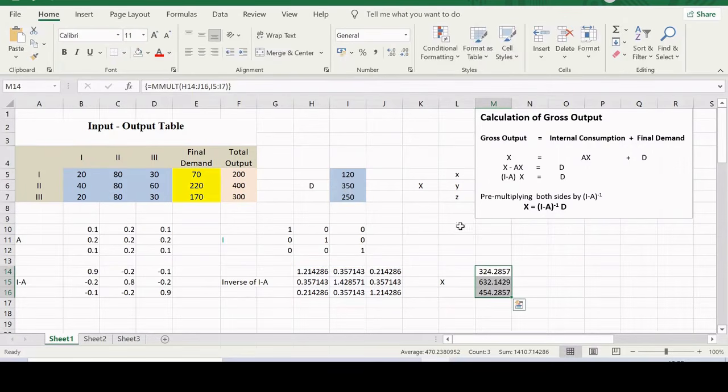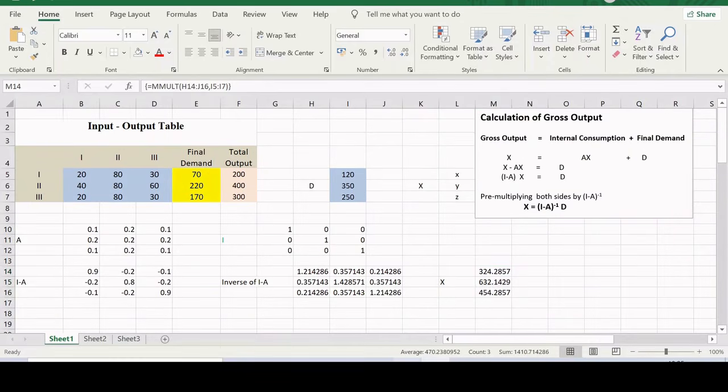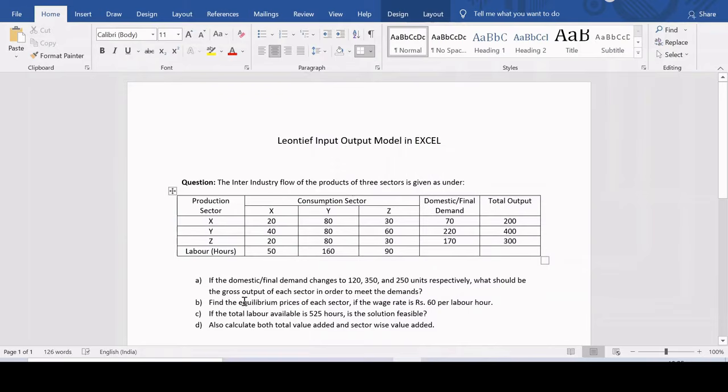So this is the gross output of the three sectors, which is 324.28, 632.14 and 454.28. Now the second point of this question requires us to find out the equilibrium prices of each sector if the wage rate is rupees 60 per labor hour.